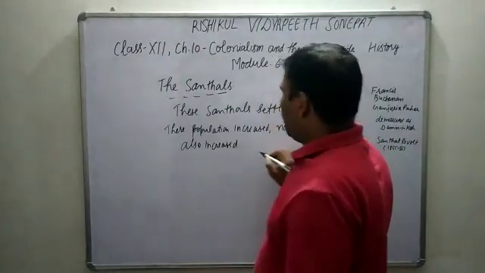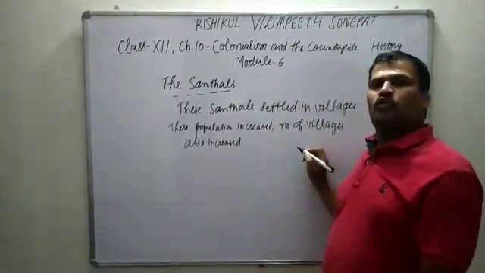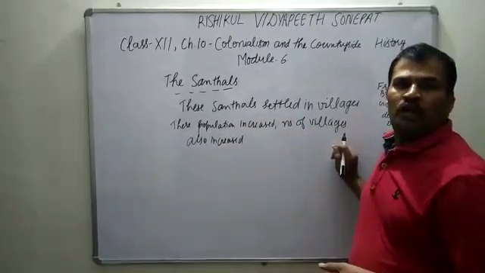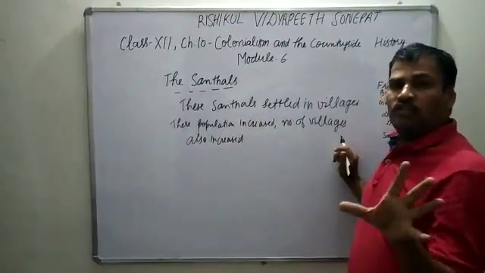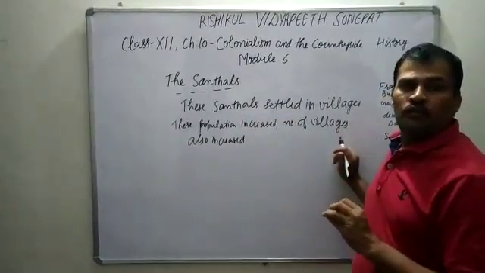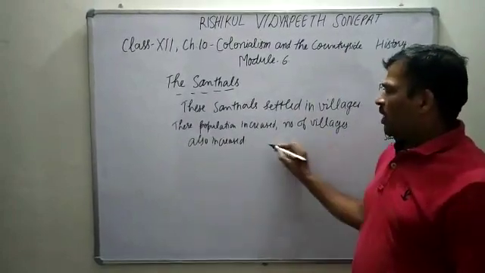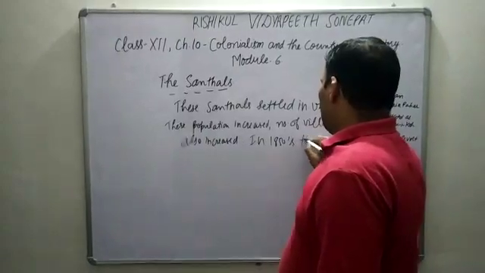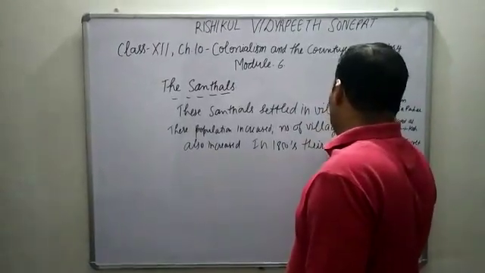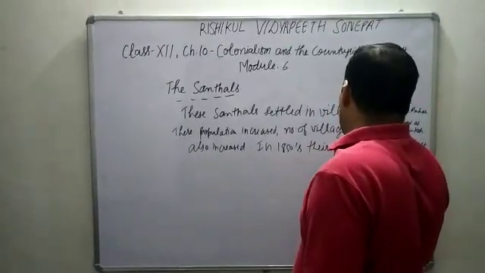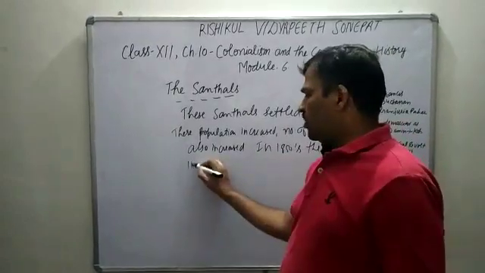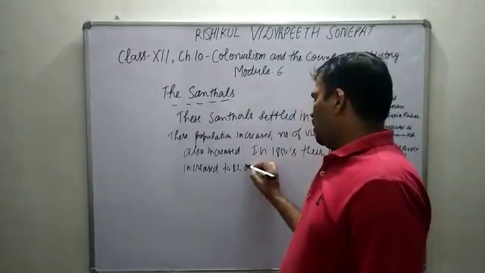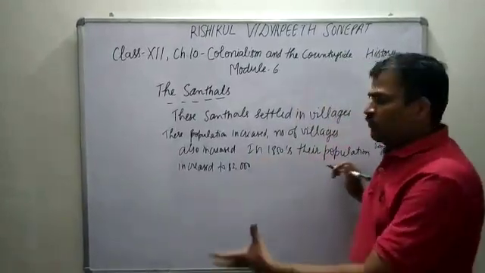Earlier they were in very few villages, maybe 20 to 30, but gradually they crossed hundreds of villages. Earlier their population was nearly 3000 only, but in the 1850s their population increased to 82,000. Now they were not a minority.